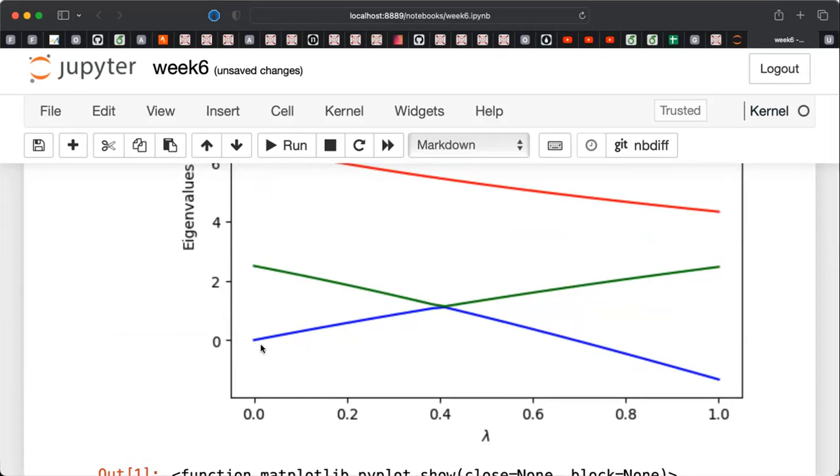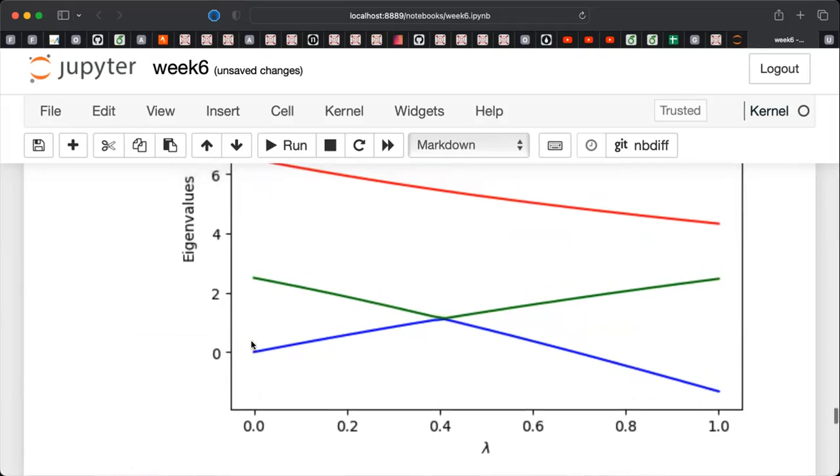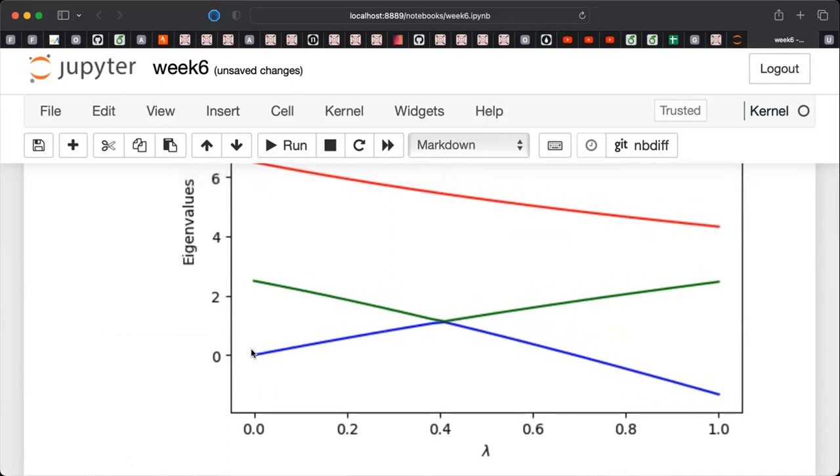What happens here is that in the beginning, the eigenstate is dominated by the lowest lying computational basis state, which has eigenvalue 0, and you can see that here. And then as we increase the strength of the interaction, this eigenvalue goes up. And then there is a change in the mixing of the state, so that it's no longer dominated by this state 0, 0, but it becomes a linear combination.